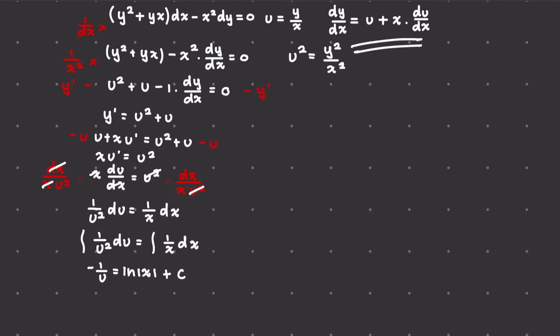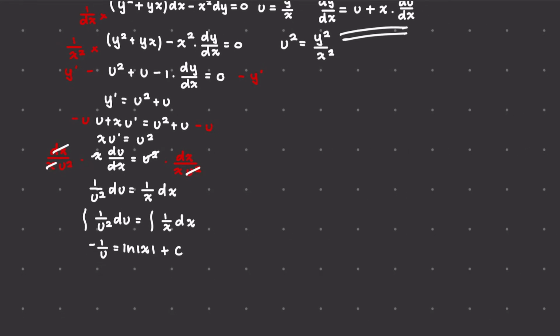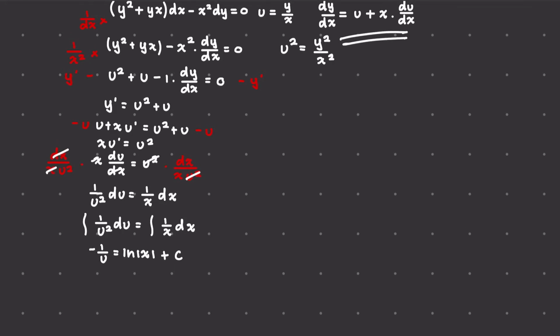Don't forget the constant here. And after this step, it's clearly easy, like what we did in the previous example, which is substituting u with y over x, like what we stated in the early part.